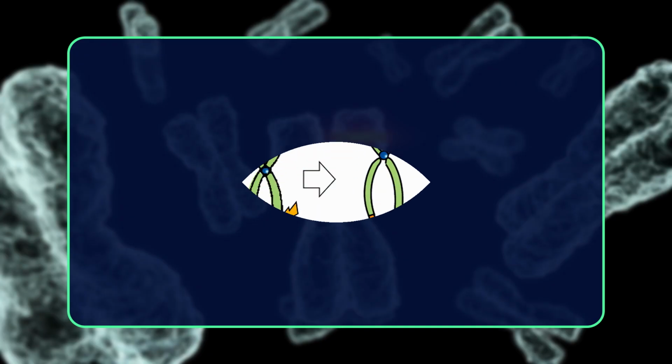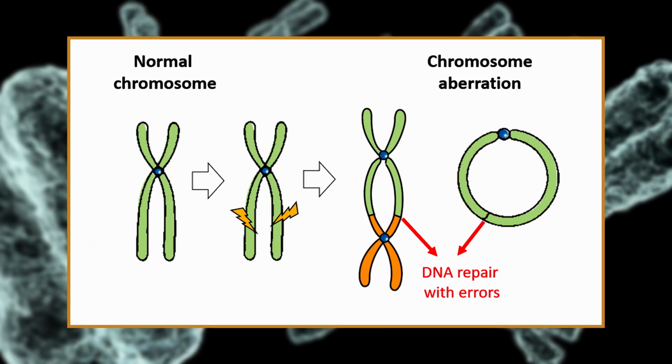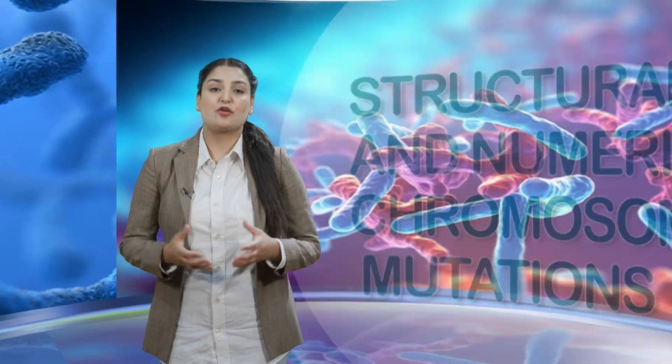So, any change in the structure or number of chromosomes can lead to significant alterations in an organism's phenotype. And these are the changes we call chromosomal mutations, or, dear students, chromosomal aberrations. So, chromosomal mutations differ from gene mutations in that their effect is large and can often be observed microscopically.